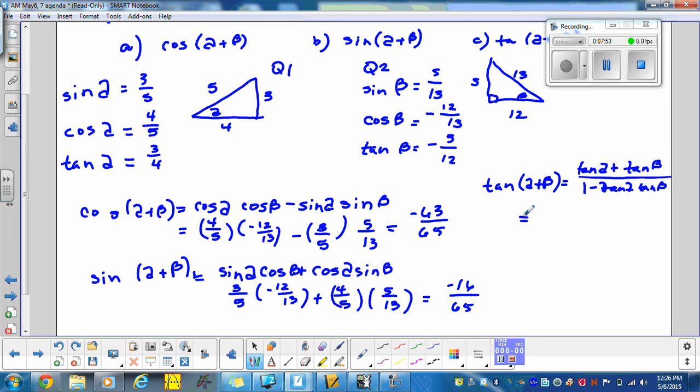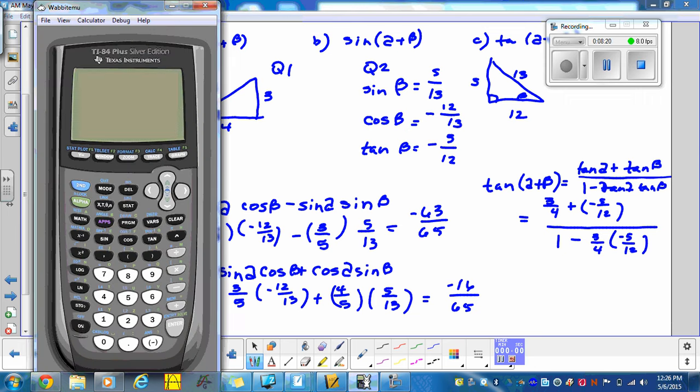So the tangent of alpha is 3/4 plus the tangent of beta. The tangent of beta was negative 5/12, over 1 minus the tangent of alpha, which was 3/4, and the tangent of beta, which was 5/12, and it was negative. So I put those into the calculator. Let's see if the calculator is going to cooperate with this.